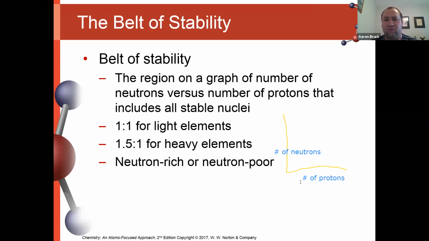We're going to get a graph that shows all of these different isotopes that exist. There will be a band of them, or a belt, that are stable, and then there will be another band or belt that are unstable.